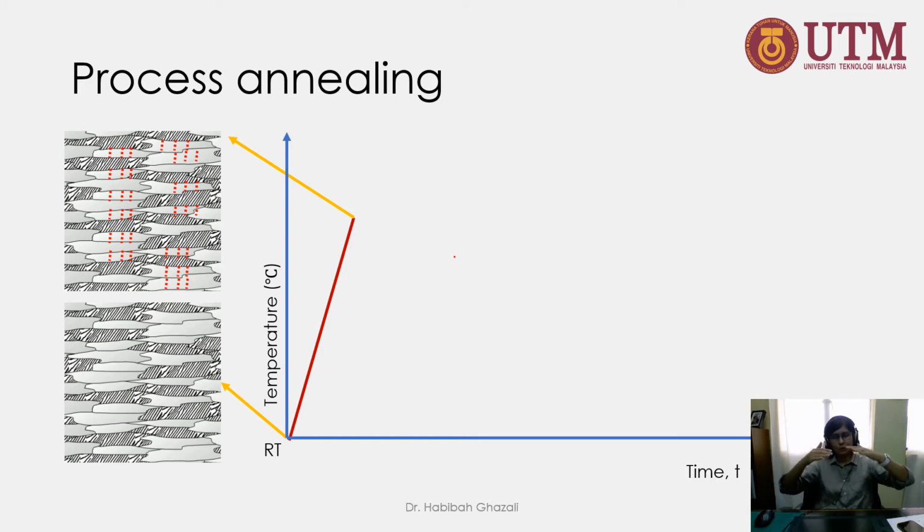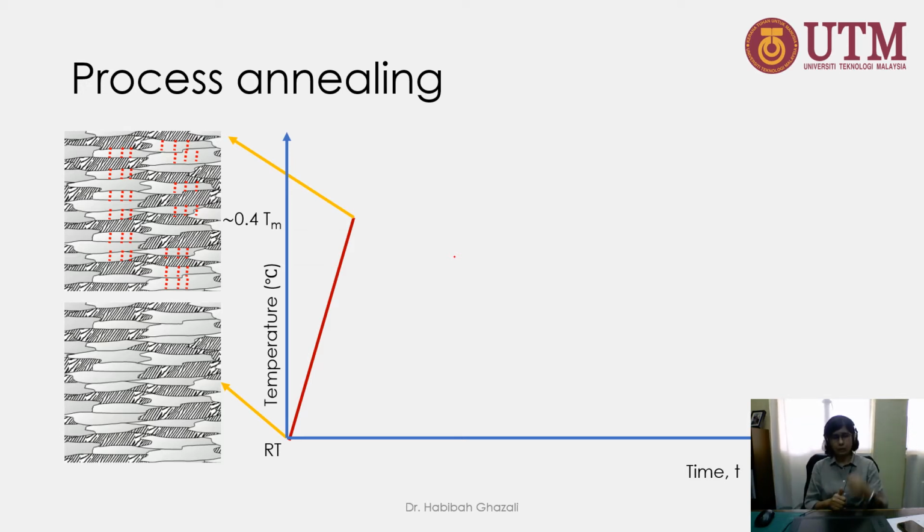You just want to heat it up below the melting temperature, approximately at 0.4 of its melting temperature. During this heating process from room temperature to 0.4 of the melting temperature, the dislocation will start to move. So diffusion of atoms starts to happen during this process.